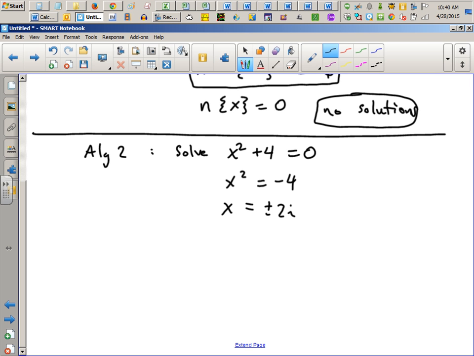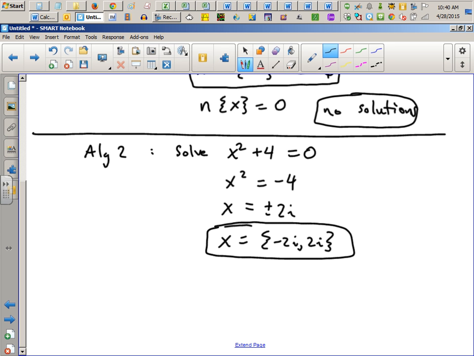So you'd have two answers, and you could write them in set notation if you wanted to. If you had that green Algebra 2 book, you might have seen this in the back of the book. Or maybe someone just asked how many solutions there are, and you would say the number of elements in set X is 2. There are two answers. And they're conjugates, which you also learned.